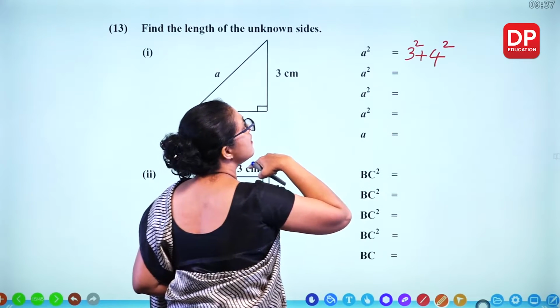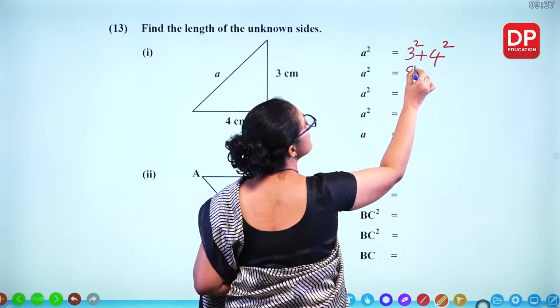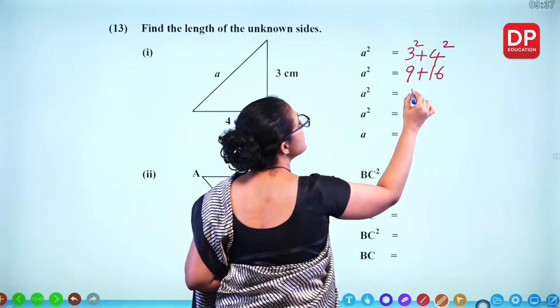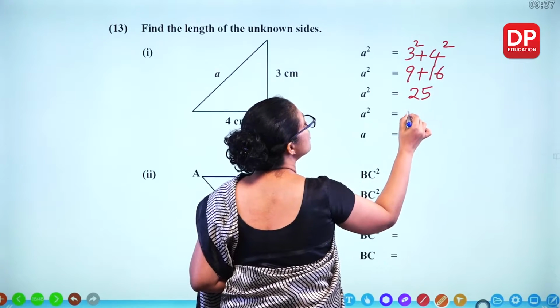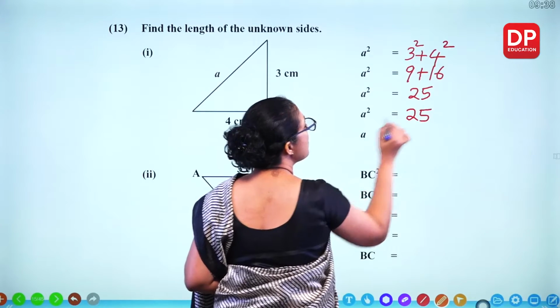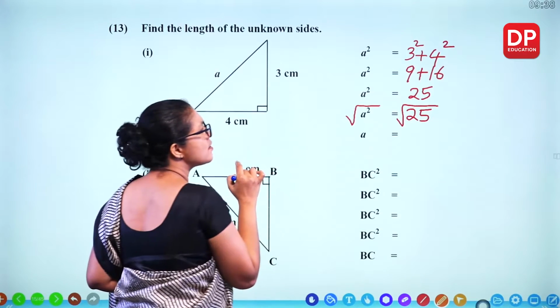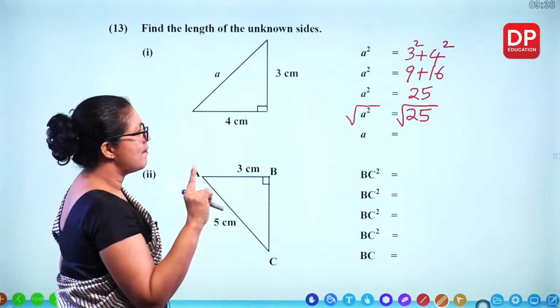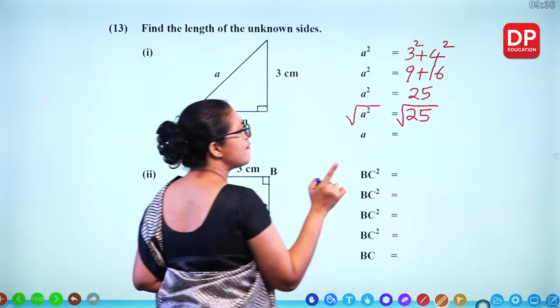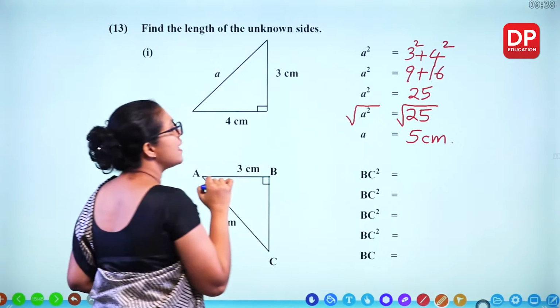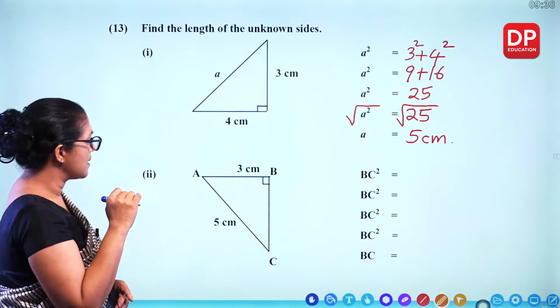Then A squared: 3 squared is 9, 4 squared is 16. 9 plus 16 is 25. So A squared is 25, which means when you take the square root of both sides, you can find the A value. The square root of 25 is 5. So the length of A is 5 centimeters.